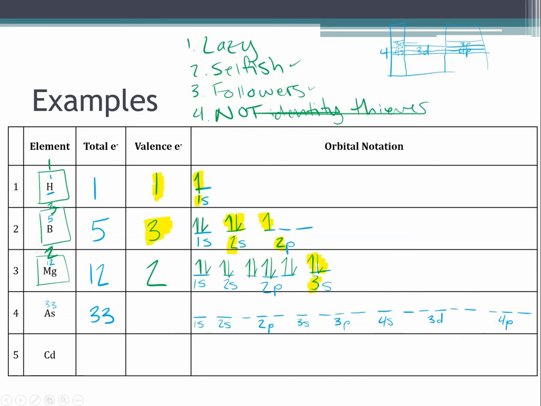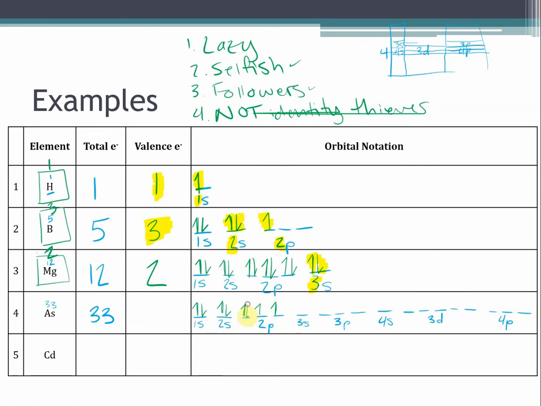Don't just go down the line all in a row. So I'll do number 1, number 2, 3, 4, 5, 6, 7. Yes, I'm going to fill up all of my 2p orbitals, but it's still a good habit to do 1 in each orbital and then go back and double up.